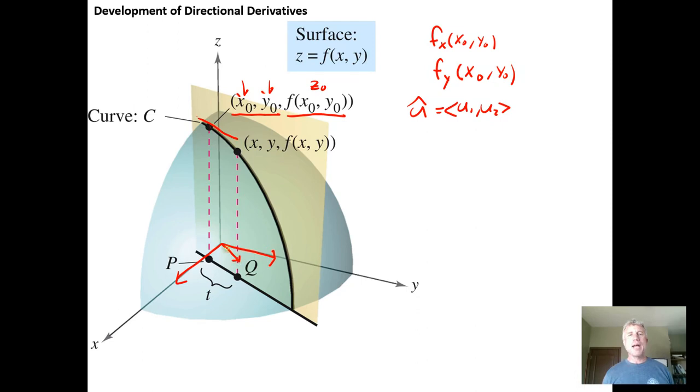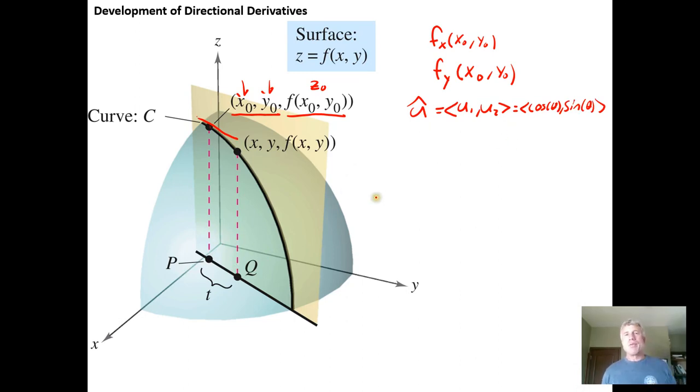So if u hat makes an angle of theta with the positive x-axis, which is how we usually measure angles, then u hat can also be described as the cosine of theta, the sine of theta. From trigonometry, we know that this gives us a unit vector oriented in the direction of theta with respect to the positive x-axis. Okay?